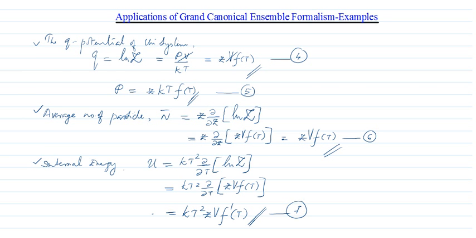Equation 5 was P equal to Z kT f of t, that is, fugacity Z times kT into f of t, some function of temperature, divided by equation number 6 for N bar.